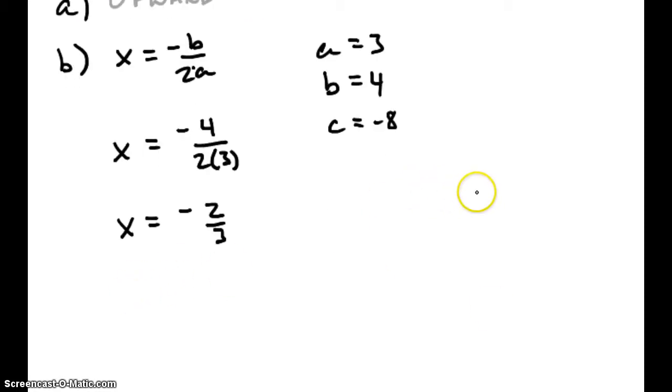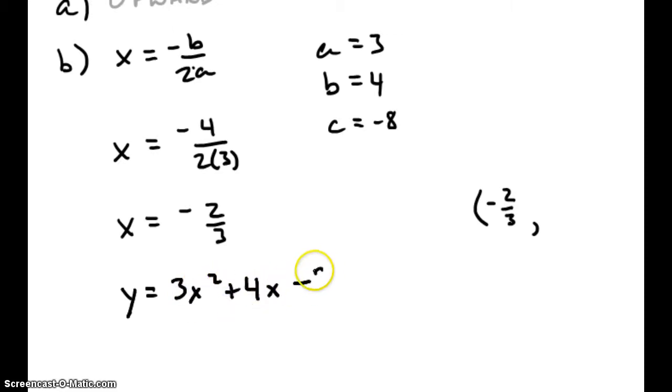I need to find both an x and a y coordinate. So I know that I have negative 2/3 over here, and then what I'm going to do is I'm going to plug that back into my original equation, y equals 3x squared plus 4x minus 8.